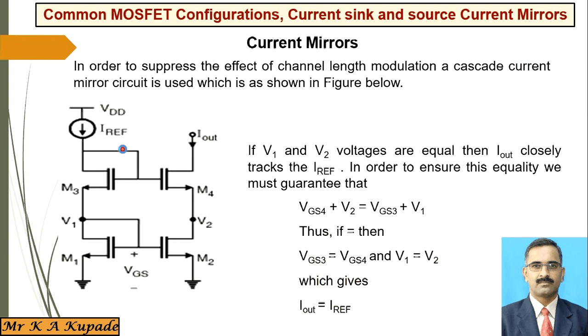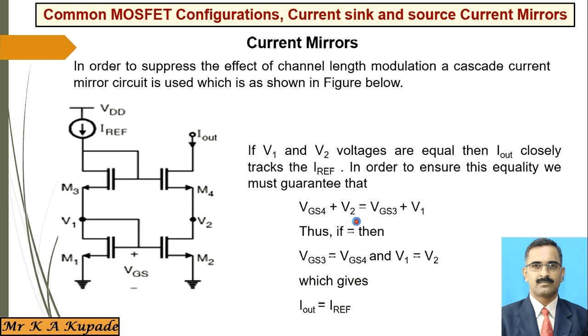In order to suppress the effect of channel length modulation, the cascode current mirror circuit is used, and that is shown in this figure. Here two voltages, V1 and V2, are considered for I out and for tracking that I reference. From this we get the equation VGS4 plus V2, because we are considering 4 MOSFETs here.